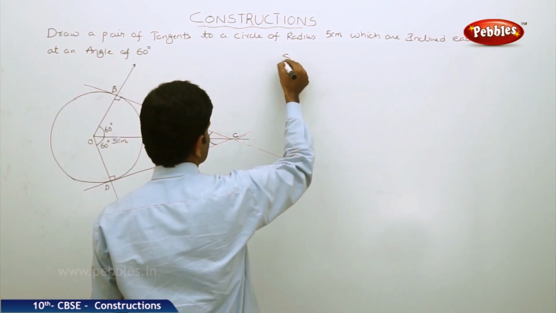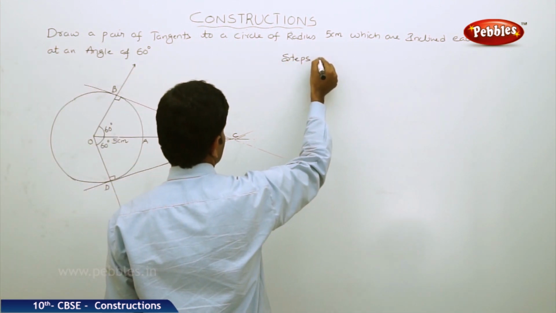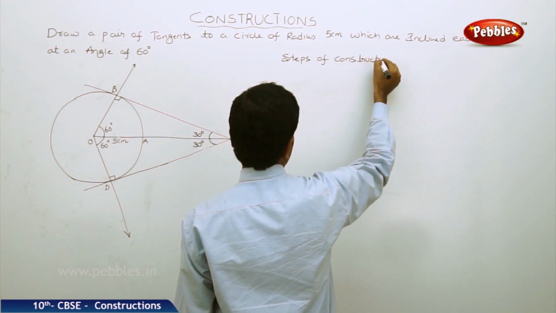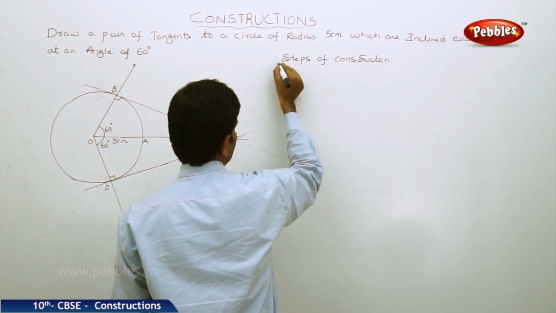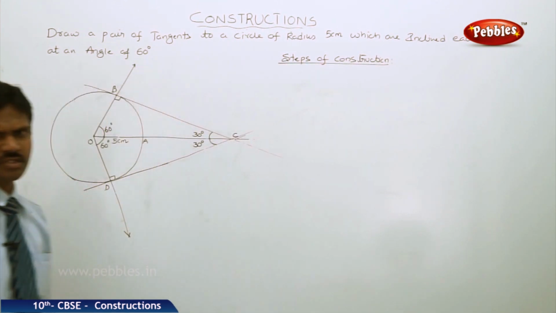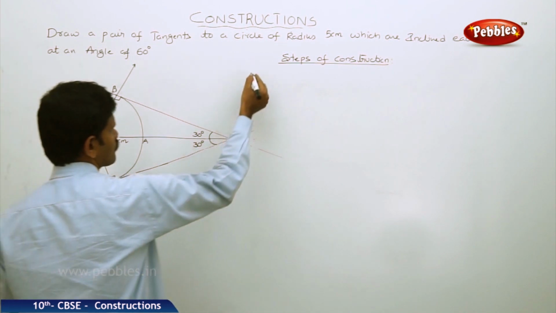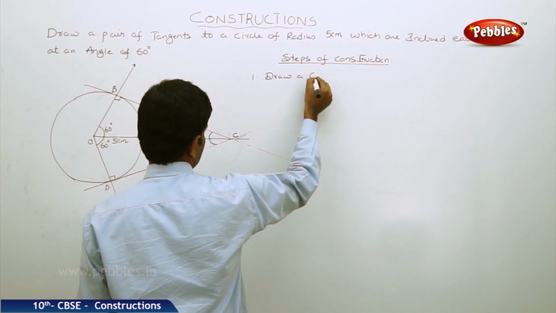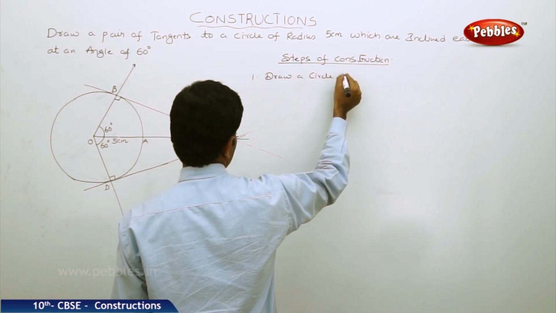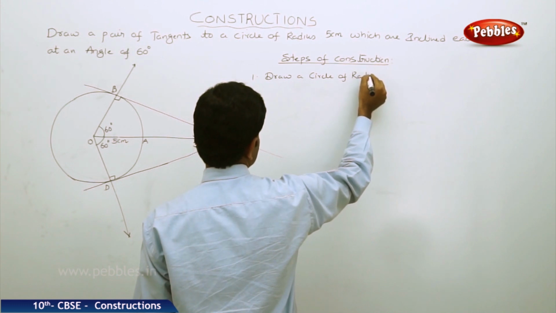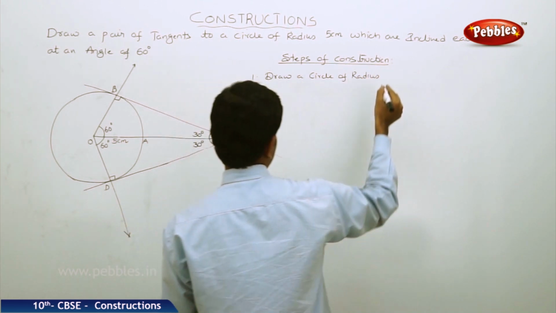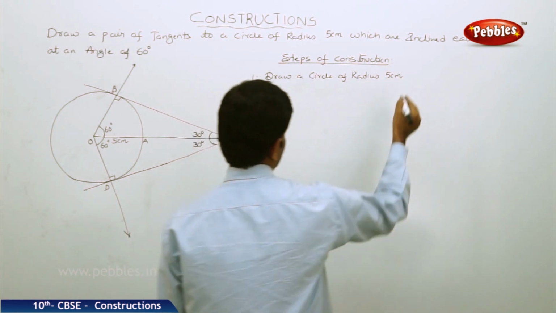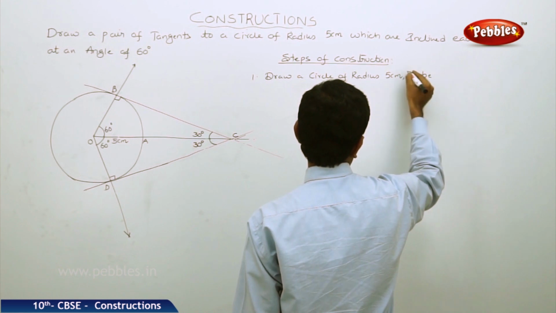Now steps of construction. Draw a circle of radius 5 centimeter.